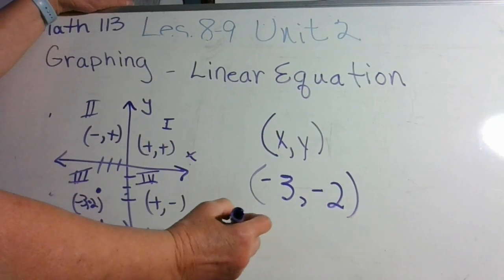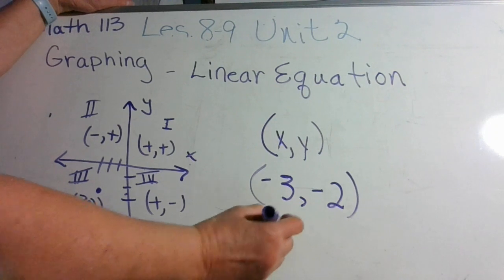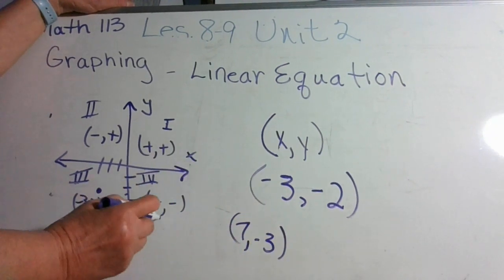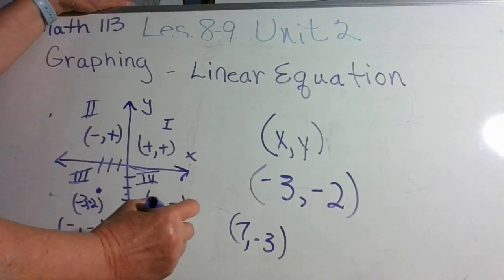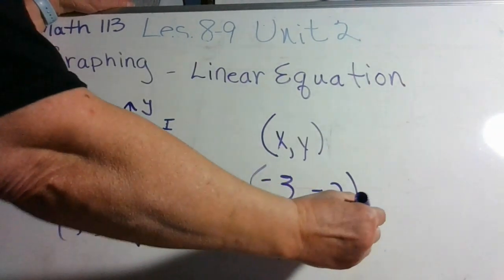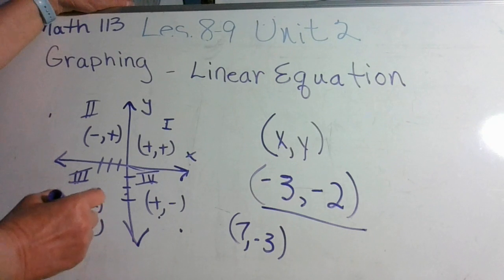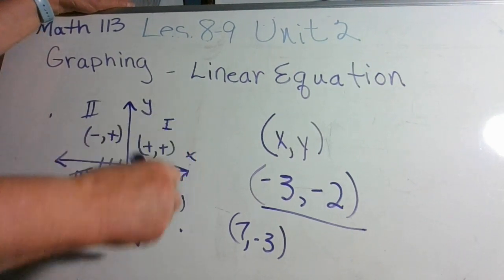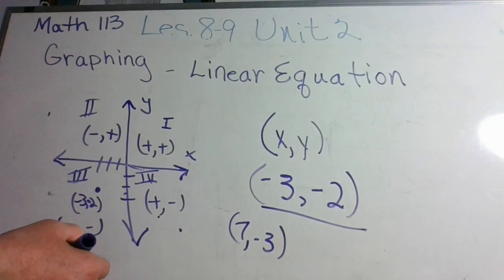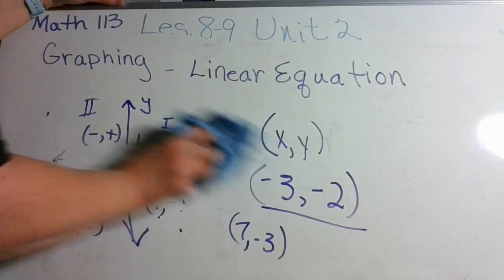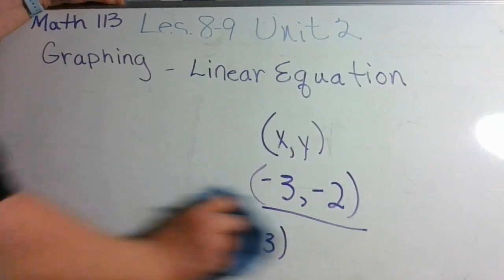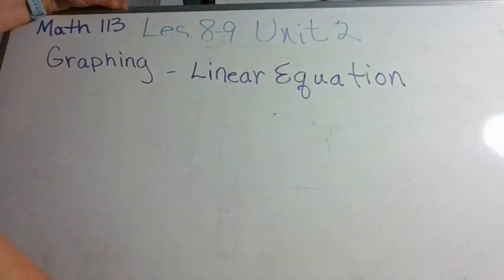If I say I have 7 and -3, you're going to immediately know that's in this quadrant right here because it has a positive 7 and a -3. Negative, negative, which I did here, is in quadrant 3. So that's how we learned to do the graphing last time, and we're just going to go a little farther with it this time, but I just wanted to give that little refresher to you.